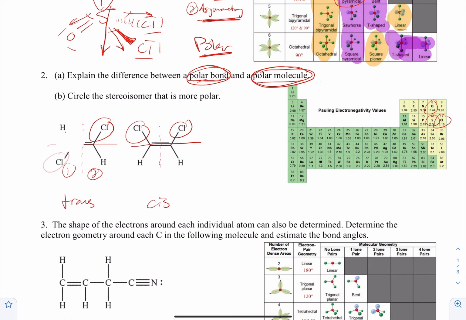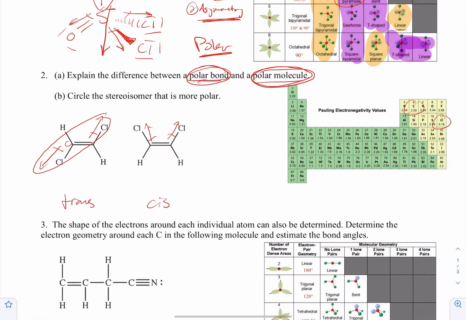So now what we need to determine is based on the directions of the dipoles, which stereoisomer is going to be more polar. Now, in the carbon to chlorine bond, you can see that there's going to be a difference of greater than 0.4, okay? It's going to be slightly greater, but enough that we're going to be like, okay, there's going to be a dipole here and a dipole here and a dipole here and a dipole here. Now, can you kind of tell that these are going to kind of cancel out each other, right?